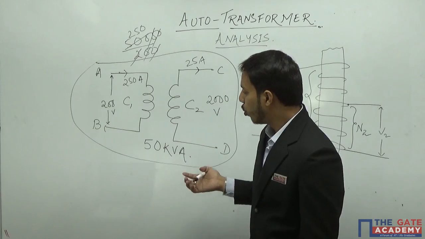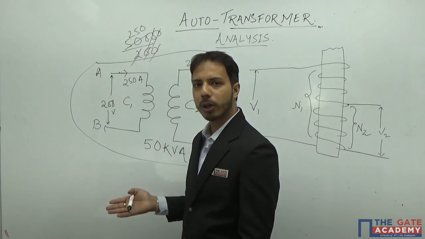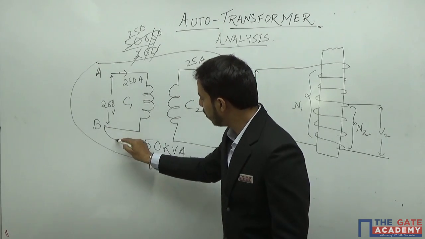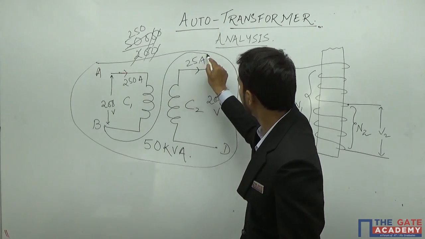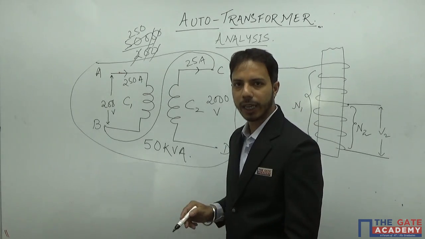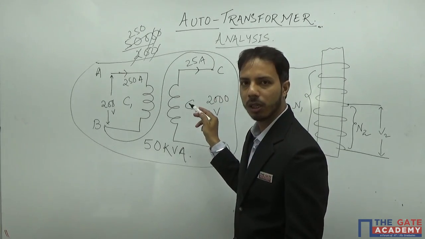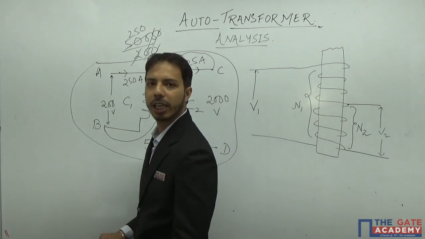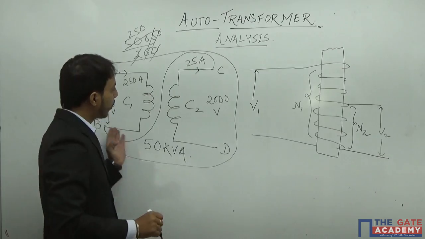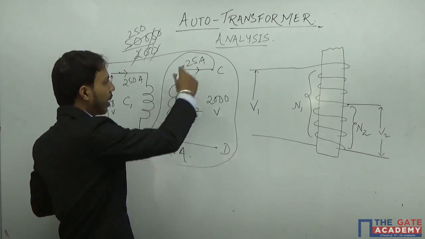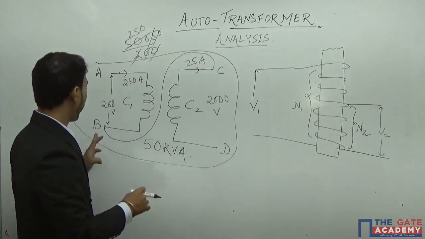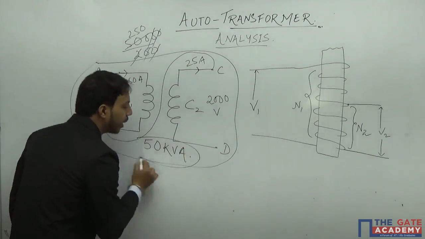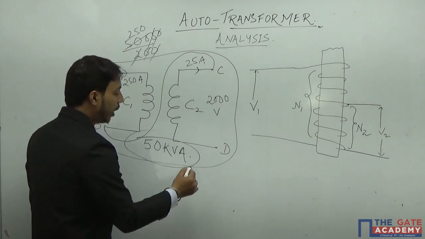Now the most important advantage of an autotransformer is, if I connect it in this way and make it an autotransformer, what happens is, instead of 50 kVA, this same transformer, the same setting, after making this physical connection of point B and C, the same setting will be working at 11 times higher.